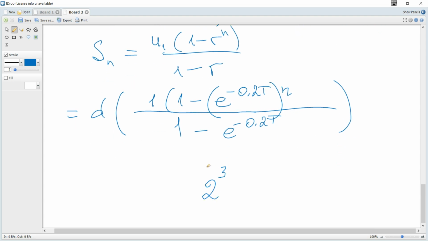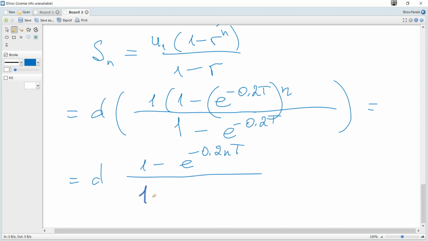Like 2 to the power 3 and 2 to the power 5, it is just 2 to the power 3 times 5, so it becomes D(1 - e^(-0.2nT)) divided by (1 - e^(-0.2T)), as required.